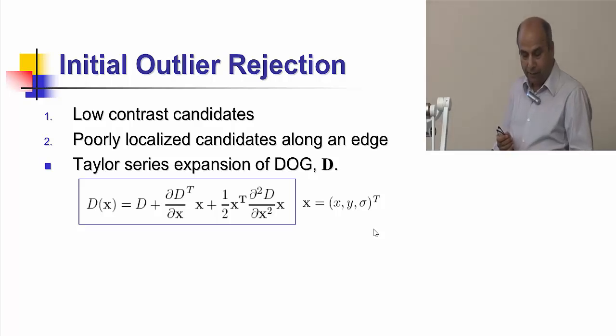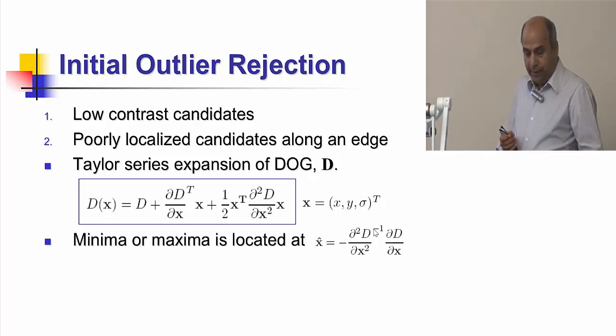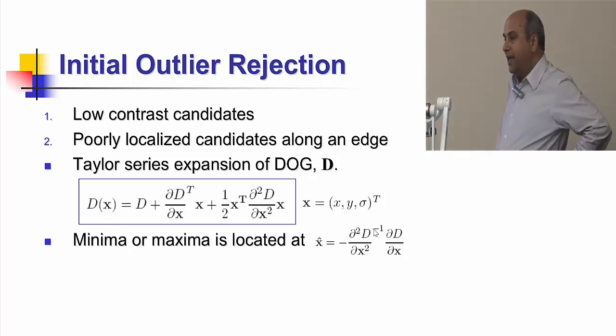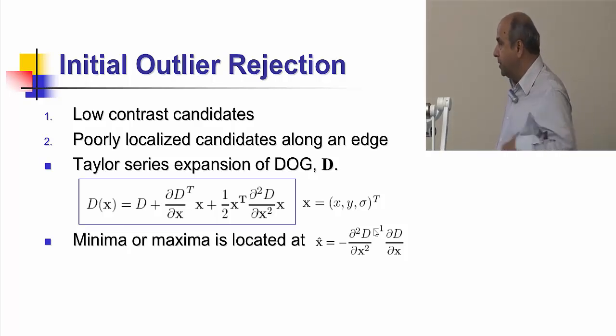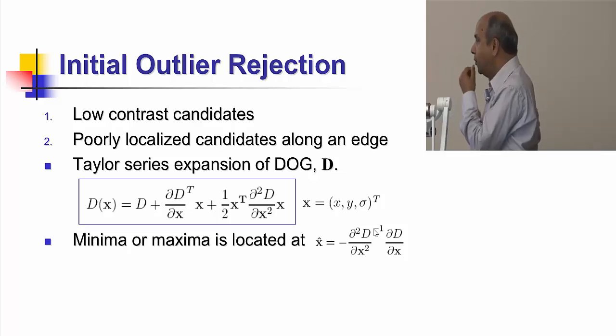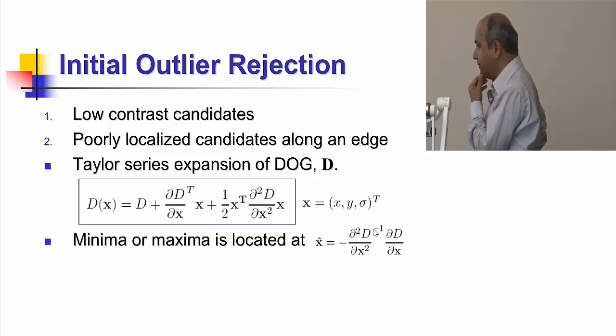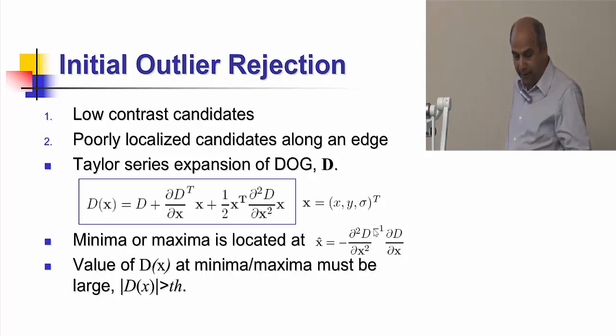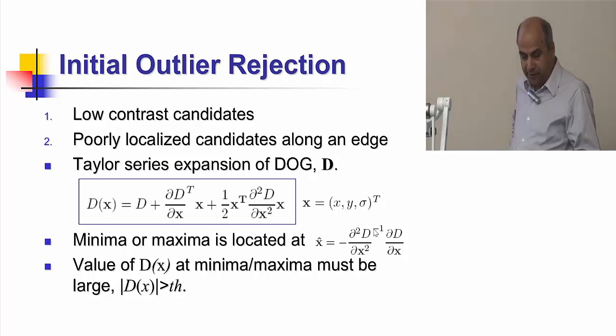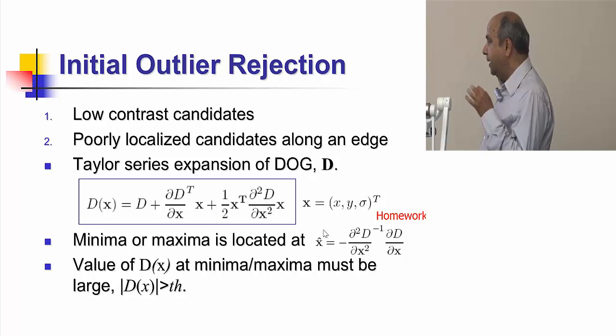Given that, we want to locate where exactly these maxima occur. This will be part of the homework: if you differentiate this Taylor series expansion and equate it to 0, you will find the extremum, and at that location we are going to apply a threshold.